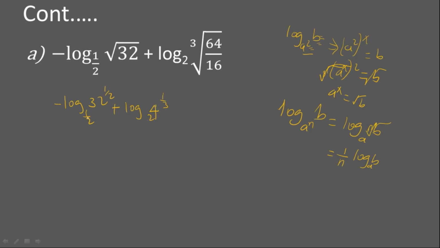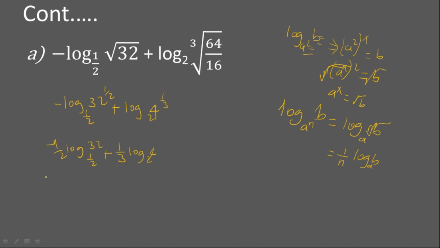So bring 1 over 2 to the front of the logarithm: negative 1 over 2 times the logarithm of 32 to the base 1 over 2, plus, again bringing 1 over 3 to the front, 1 over 3 log 4 to the base 2.